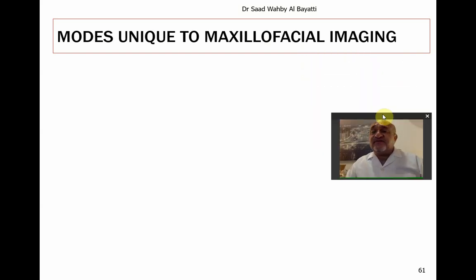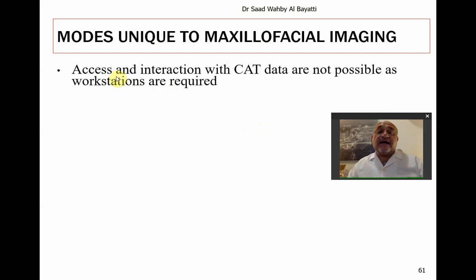Of course, cone beam CT has modalities that are unique to the maxillofacial imaging if you need it. Access and interaction with CAT scanners are not possible as a workstation is required.